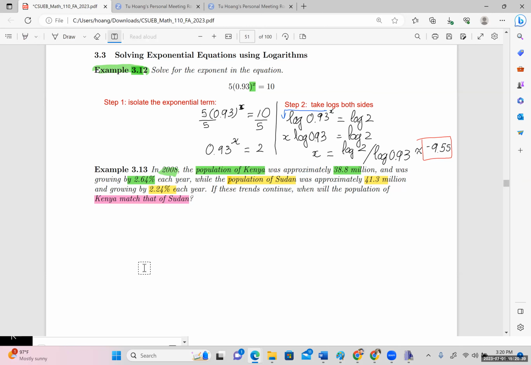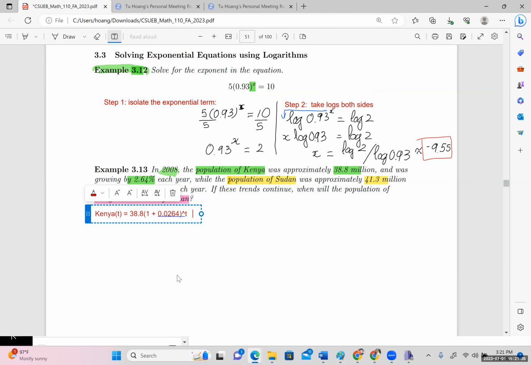Let's say Kenya as a function of t has an initial value, starting from 2008, of 38.8 times 1 plus 0.0264, raised to the power t.